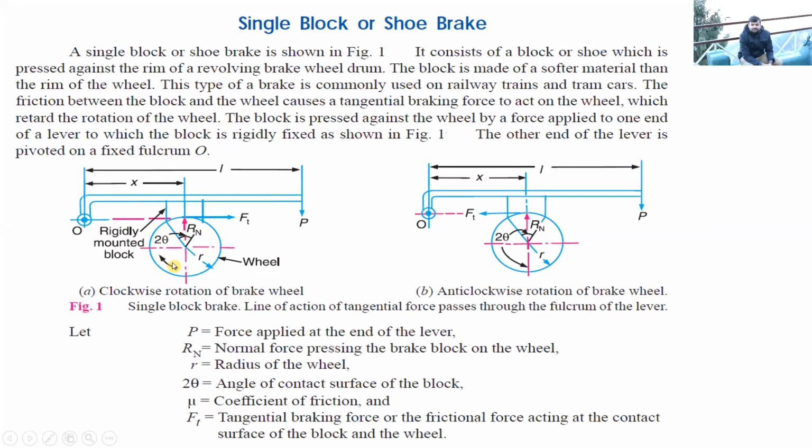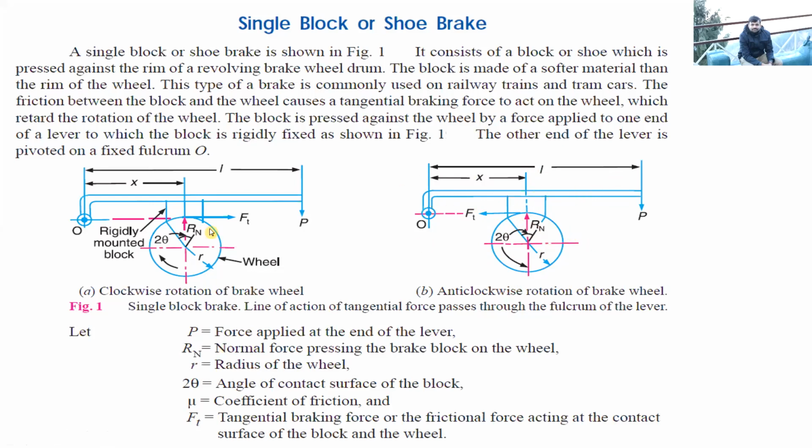When the wheel is rotating in clockwise direction, the force Ft, that is frictional force, will be acting in this rightward direction. That is the tangential braking force, or the frictional force acting at the contact surface of the block and the wheel. When the wheel is rotating in anti-clockwise direction, the direction of the Ft will also change. Rest all the things will remain the same.